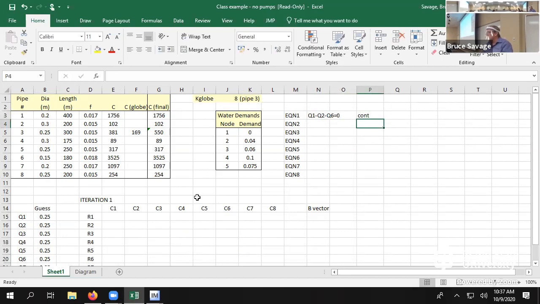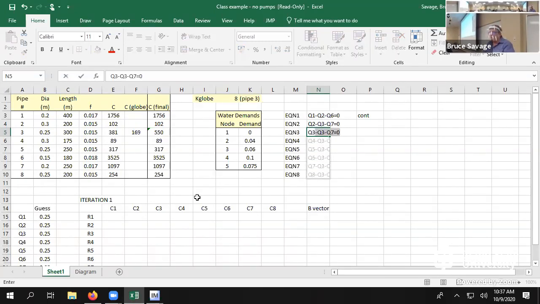So this is the continuity equation, and I'm going to have 6 continuity equations. Node 2 tells me that Q sub 2 minus Q sub 3 minus Q sub 7 equals 0. Node 3 tells me that Q sub 3 minus Q sub 4 minus Q sub 8 equals 0.